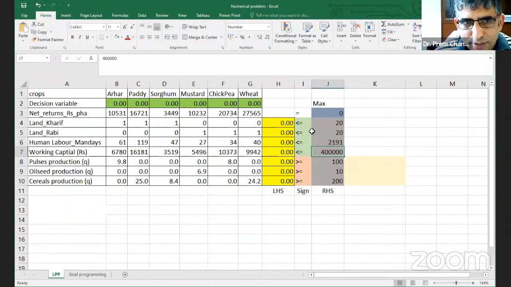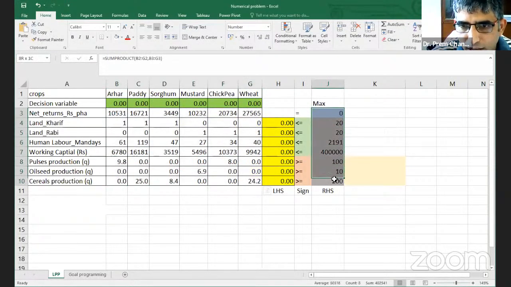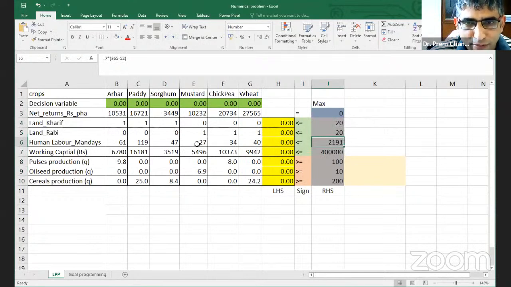It gave me the working man days. I have converted into man days. Kindly remember that your left hand side and right hand side should have the same unit of measurement. You won't be able to solve a problem if you have different units. So third, I said that the capital availability with the farmer is 4 lakh rupees.